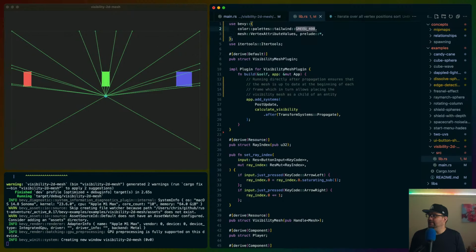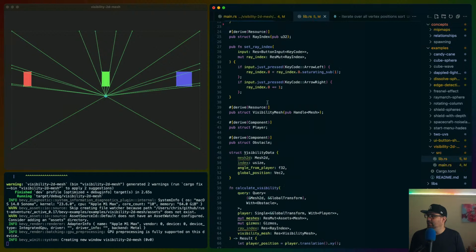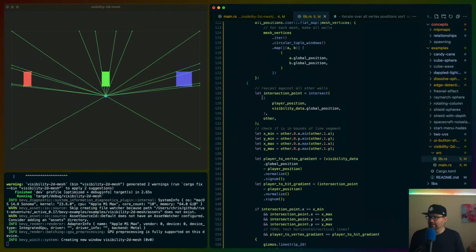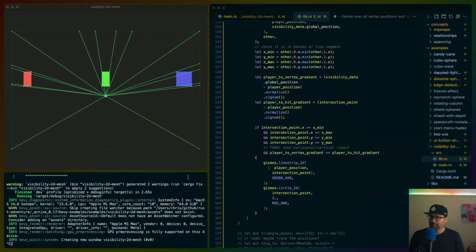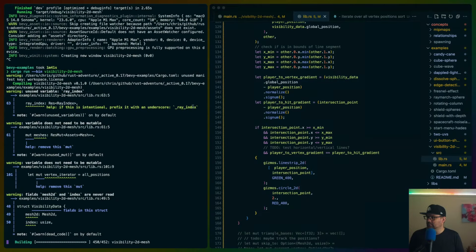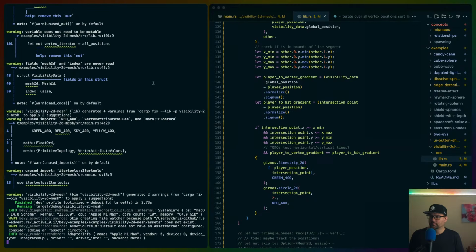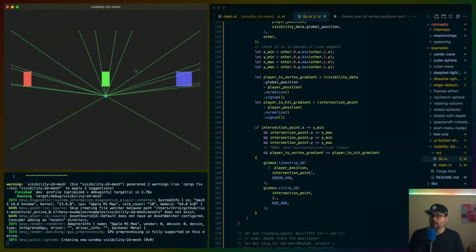Let's grab more of these tailwind colors. I almost feel like I need a prelude that brings in the tailwind colors. Okay, so this is good. We are now iterating over all of these. We have the hit locations. Let's make some of these circles a little bit bigger.